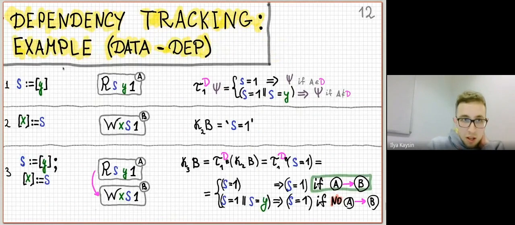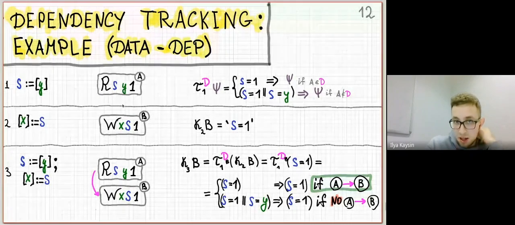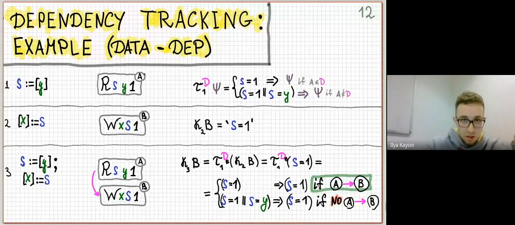Okay, so let's just assume that our program is just to read from a memory location Y to a local register S. Then one of the graphs from our semantics is a singleton graph that just contains the information about this read, and it says that we read value 1.